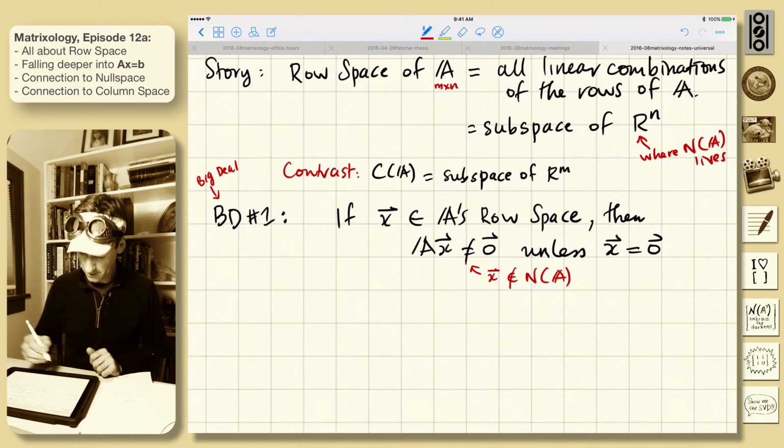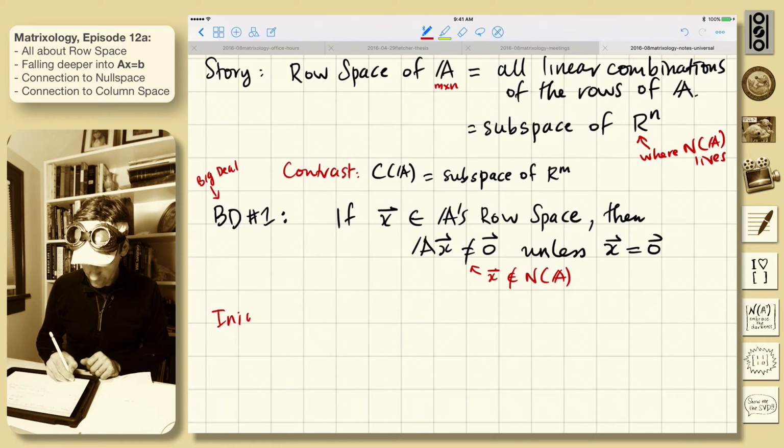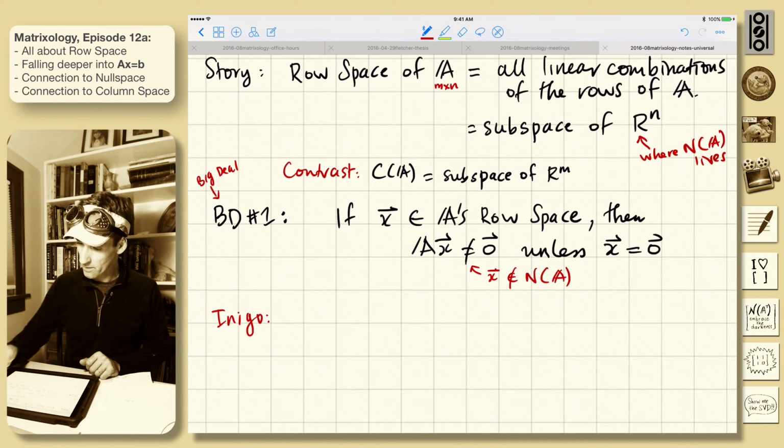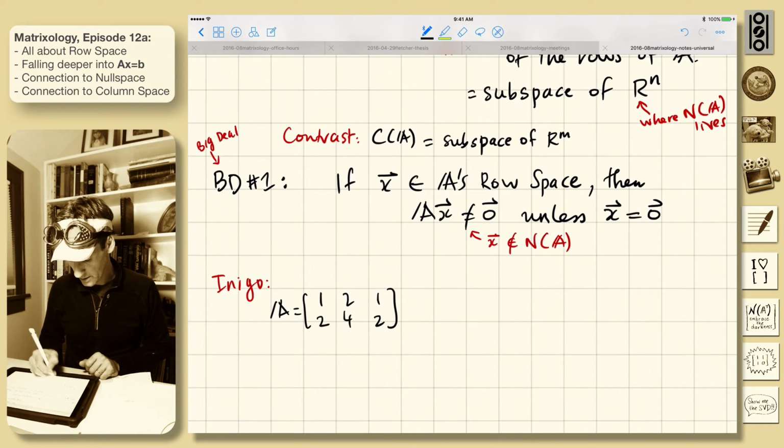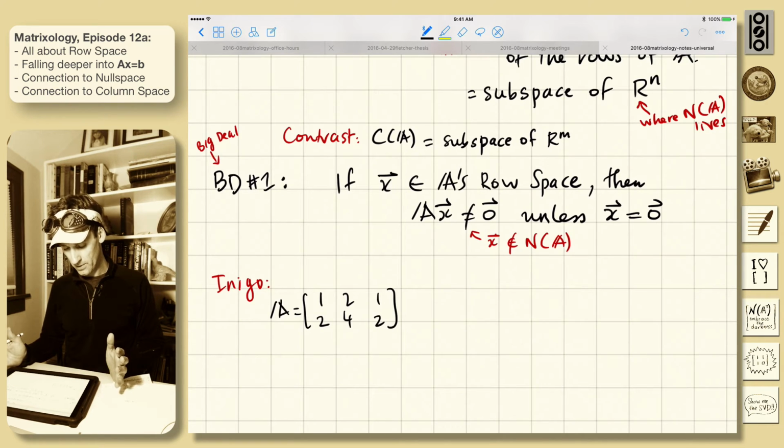So let's look at Inigo. We have A equals [1 2 1; 2 4 2]. The row space is all linear combinations of these two rows.